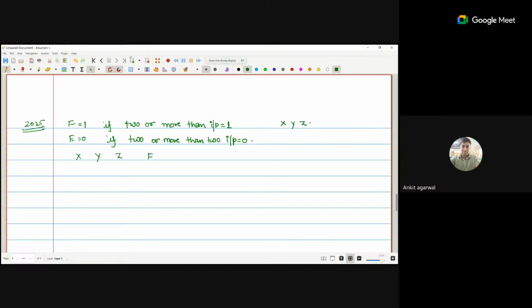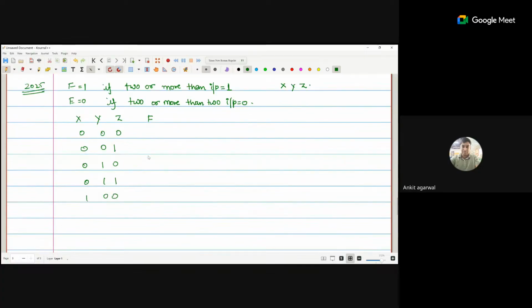For 3 inputs, how many combinations? 8 combinations: 0 0 0, 0 0 1, 0 1 0, 0 1 1, 1 0 0, 1 0 1, 1 1 0, and 1 1 1.